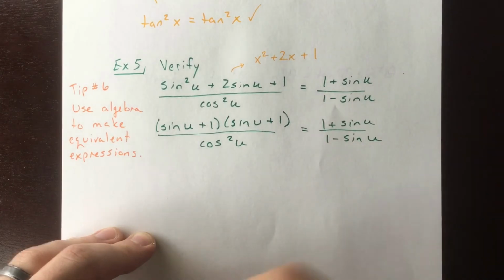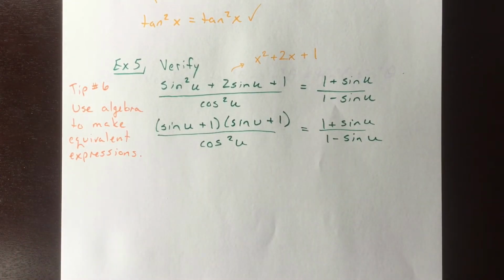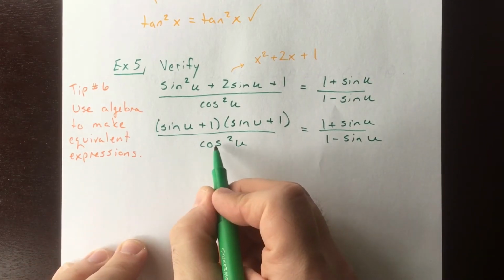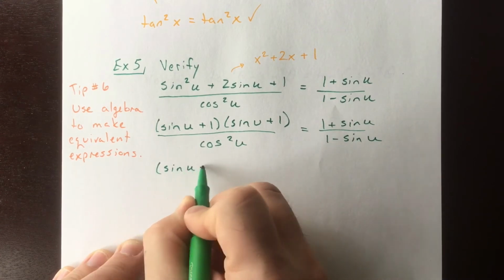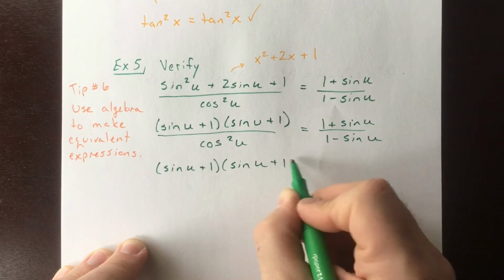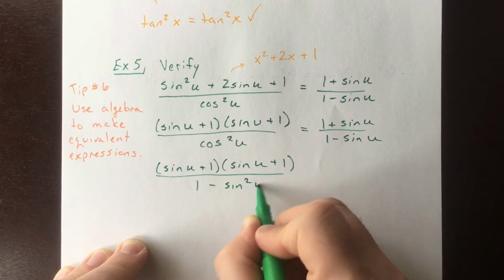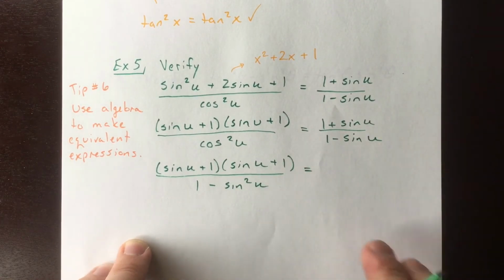Okay. So now I see cosine squared of u, and cosine squared of u using a Pythagorean identity is 1 minus sine squared of u. So 1 minus sine squared of u. I'm just going to leave this part blank and just carry it down at the end.